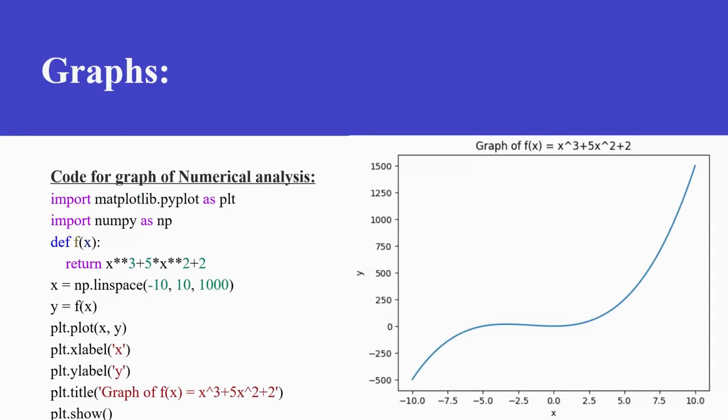Python code for the graph of numerical analysis. First of all, I will import the matplotlib and numpy libraries, and then I will take the function f(x) = x³ + 5x² + 2, and then I will label the x-axis and y-axis as x and y, and then I will plot the x³ + 5x² + 2 graph.